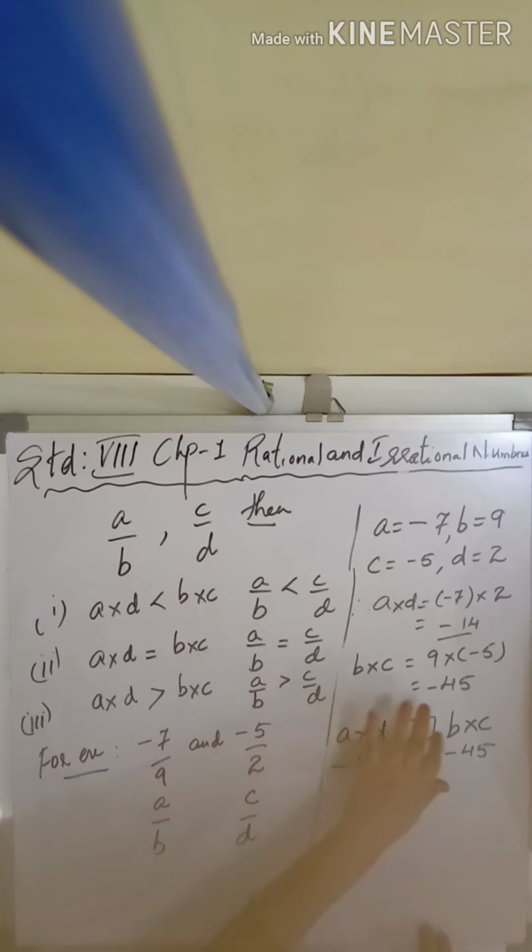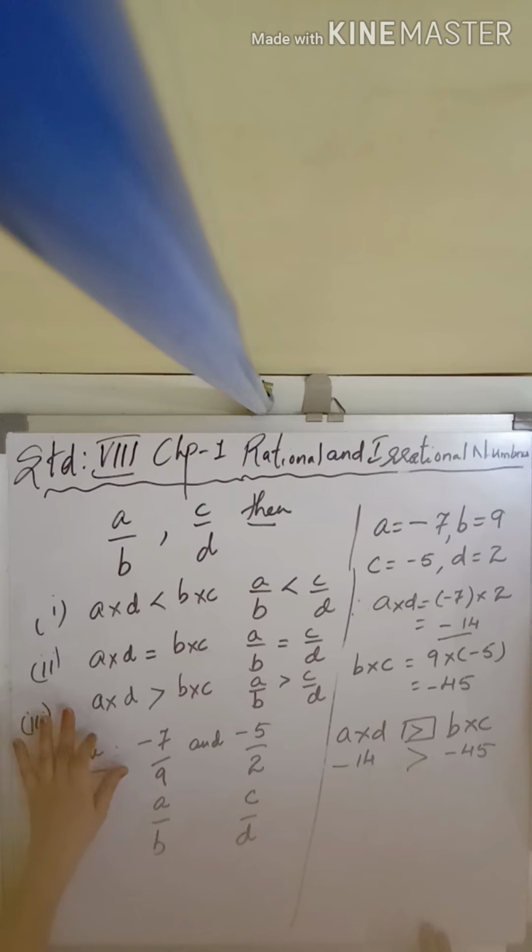A into d is greater than b into c. Again the last rule follows, that a into d is greater than b into c. Then my condition is a upon b will be greater than c upon d. So what is my a upon b? Minus 7 upon 9 is greater than minus 5 upon 2. I hope you have understood this, how to apply the rules to compare two rational numbers.